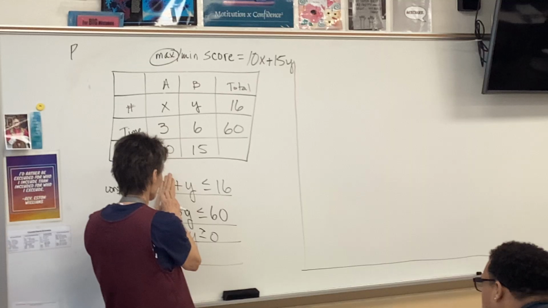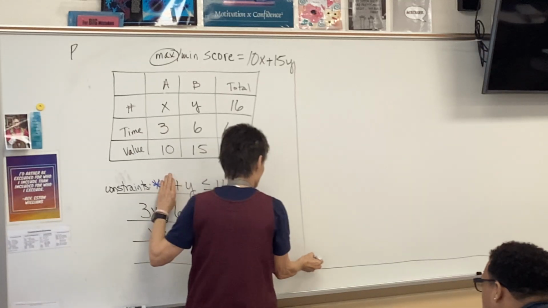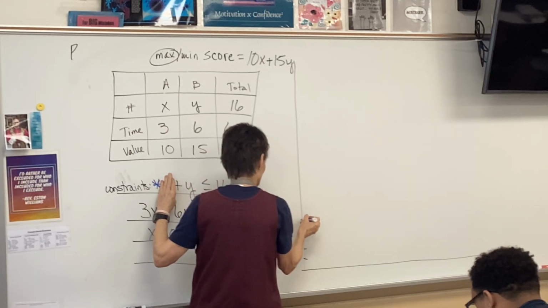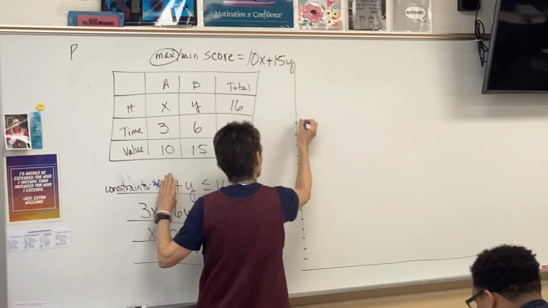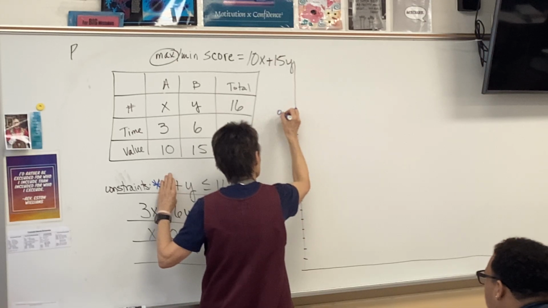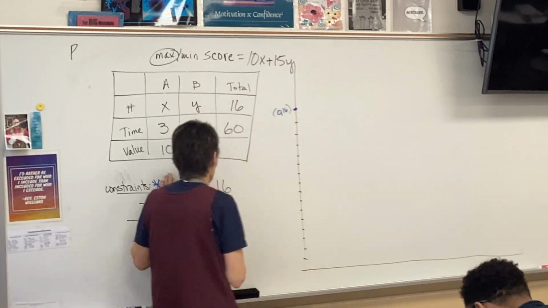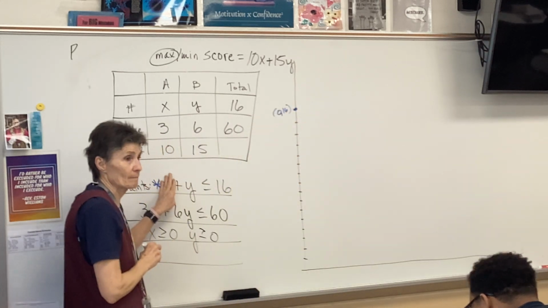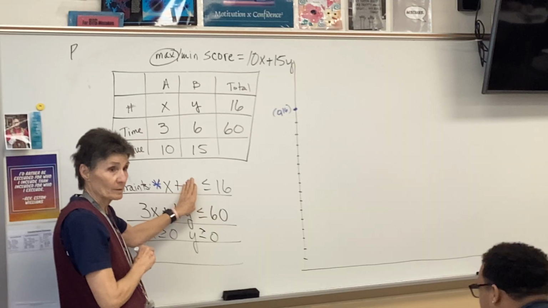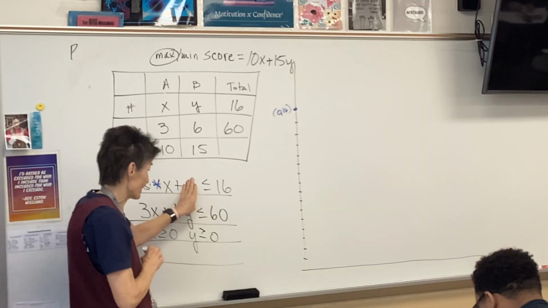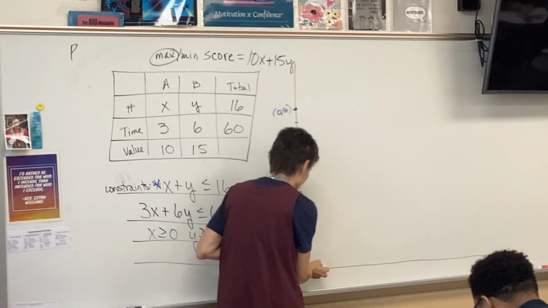If I cover up x, then y is 16. 1, 2, 3, 4, 5, 6, 7. And I label that point. That is, if x is 0, y is 16. Then I'm going to cover up y and do the same thing. Well, if y is 0, x is also 16.